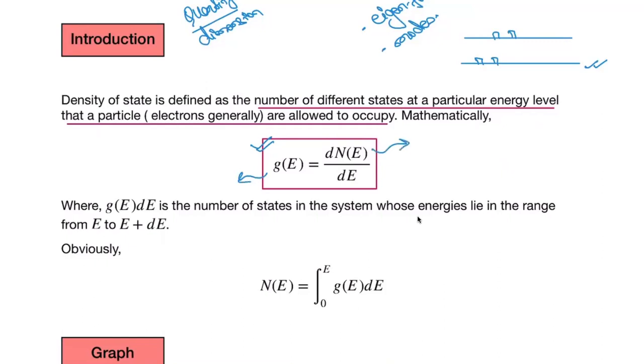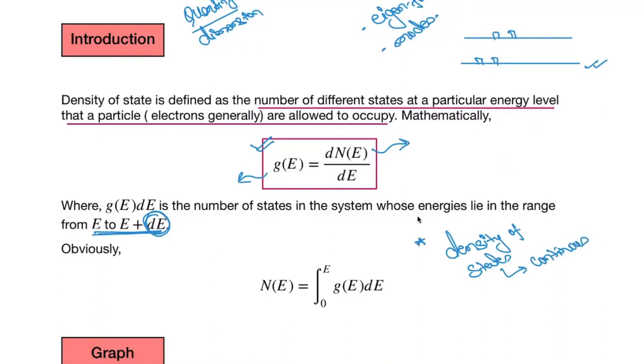dN is the number of particles whose energy is lying between E and E plus dE. Now one thing you should note here is that we have written dE, right? That means we are considering density of state to be continuous.